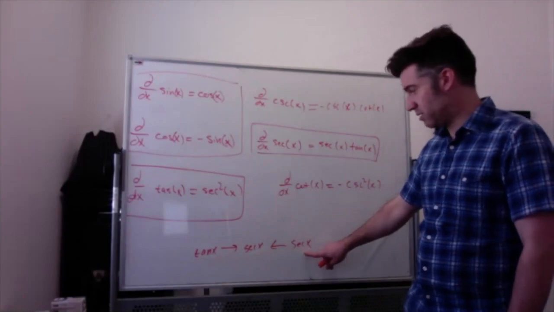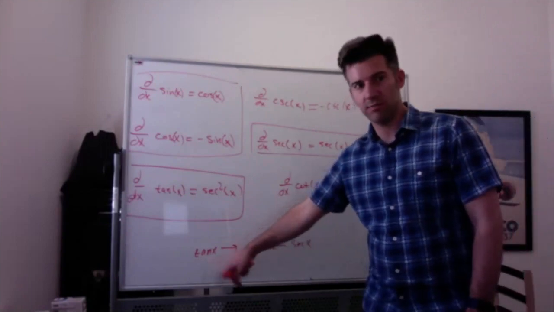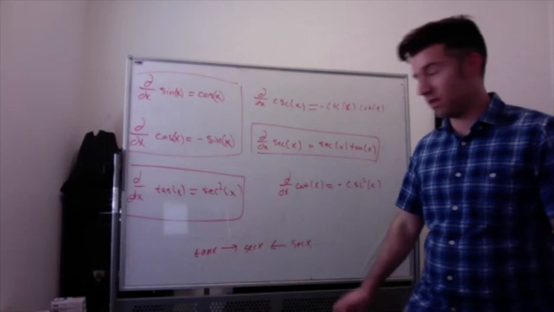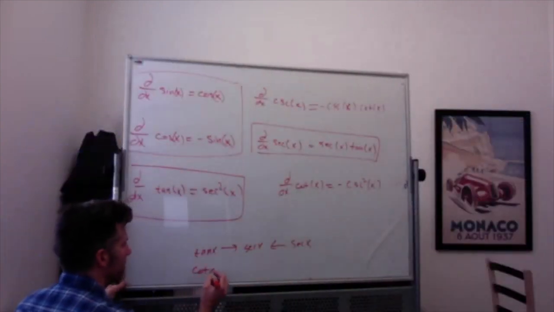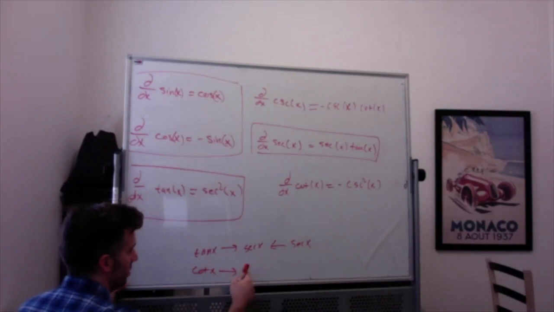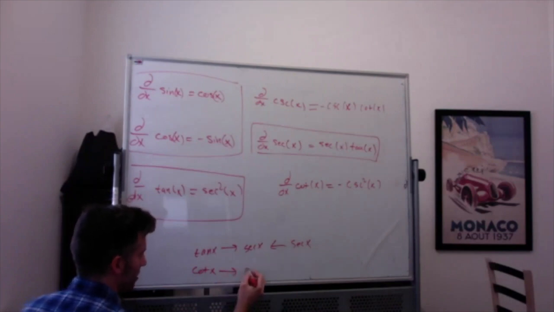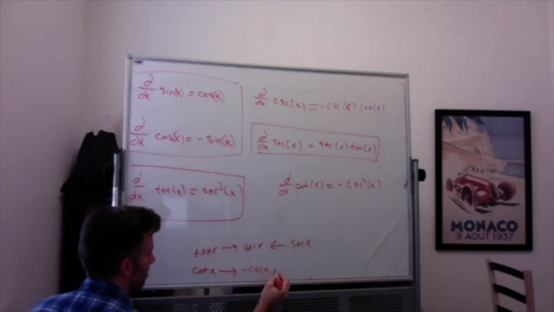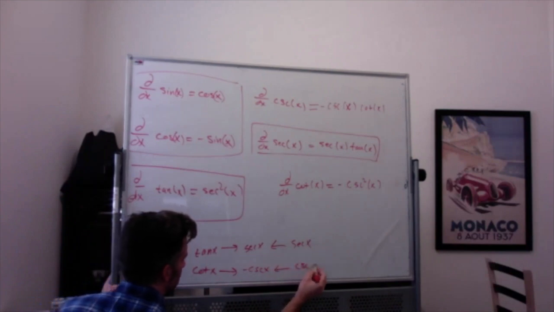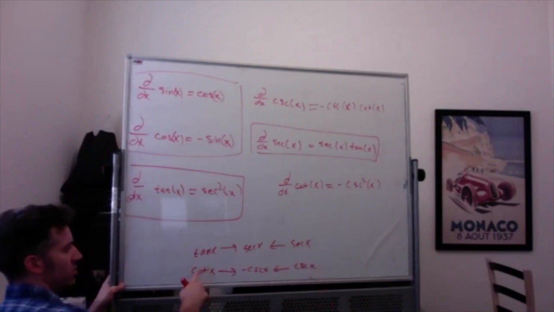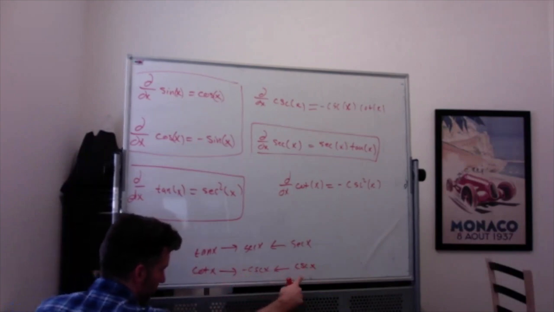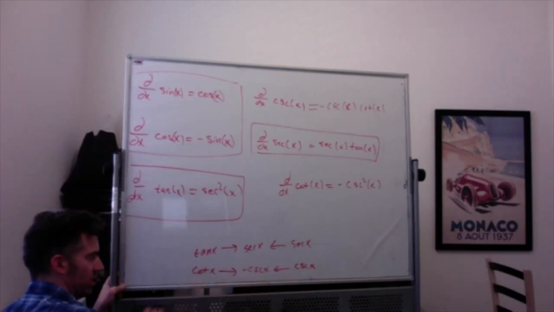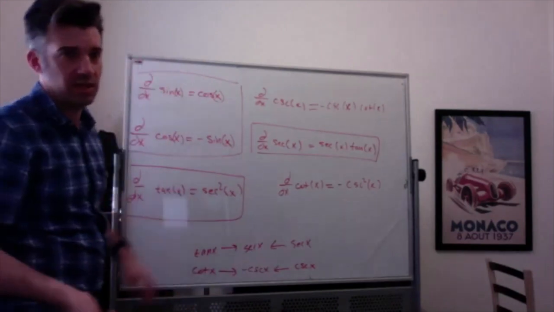The derivative of secant is secant x times tangent x. And then they did a similar thing for cotangent. The derivative of cotangent is negative cosecant times cosecant. The derivative of cosecant is negative cosecant times cotangent. Well, it's kind of neat.